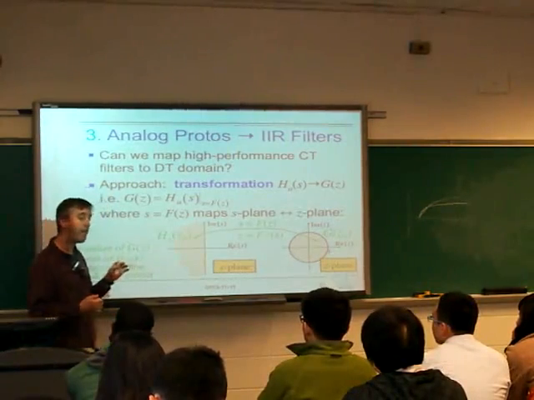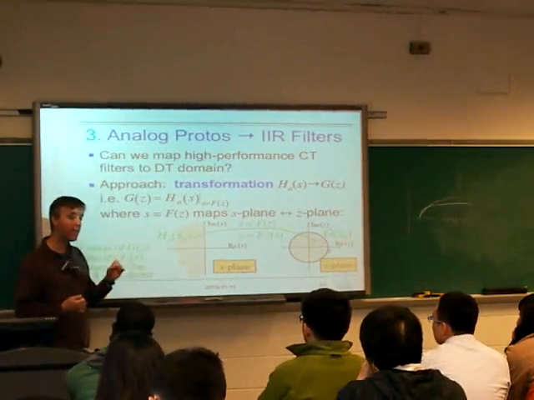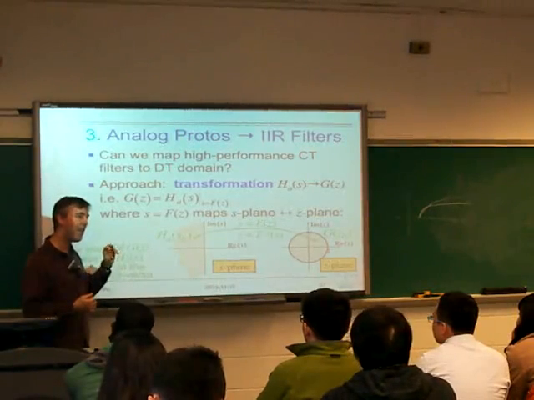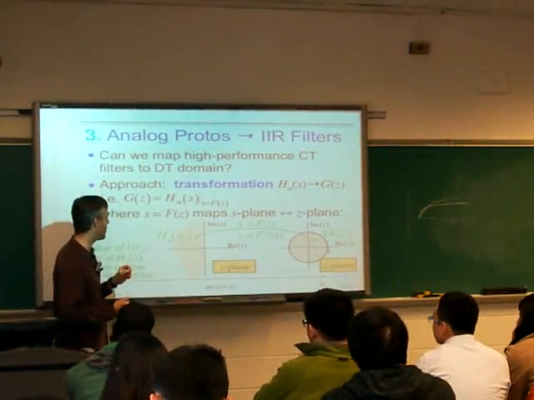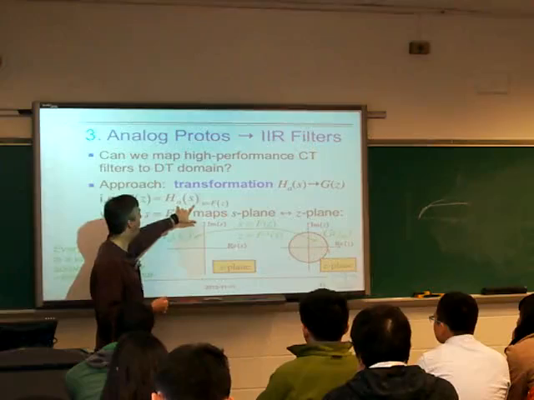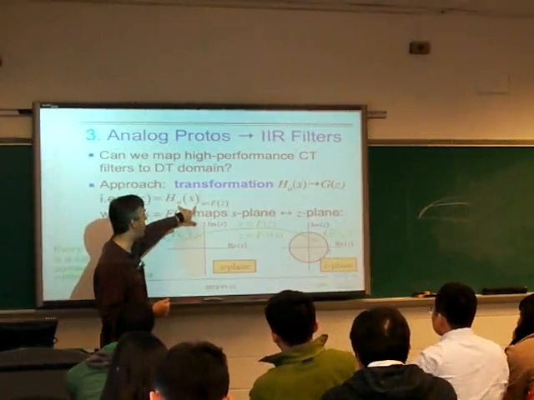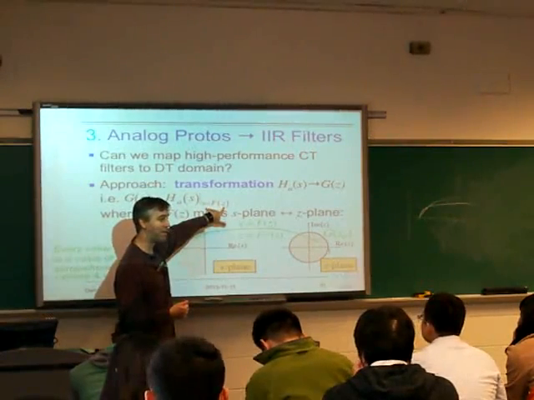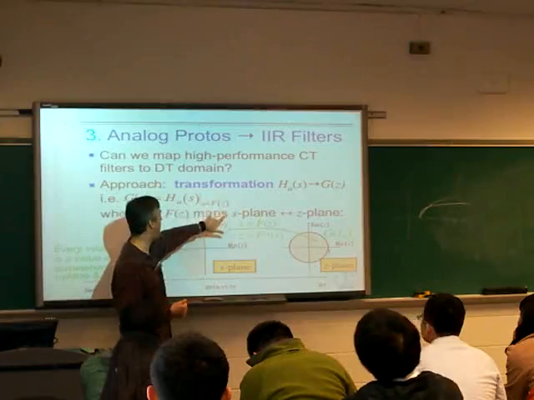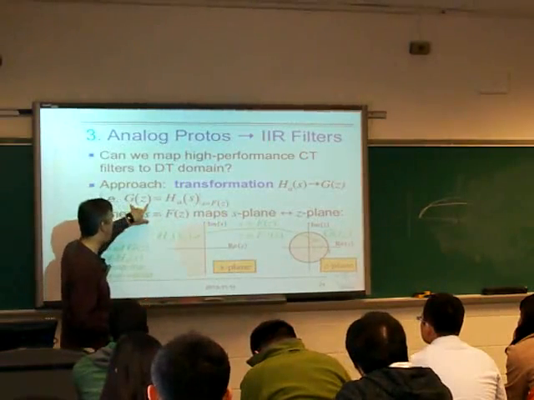The way we're going to go from these analog filters to discrete time filters is very analogous to what we did when we transformed from low pass to high pass. We're going to start off with our s-domain polynomial. We're then going to do a substitution that replaces s with some function of z to get a z-domain polynomial.